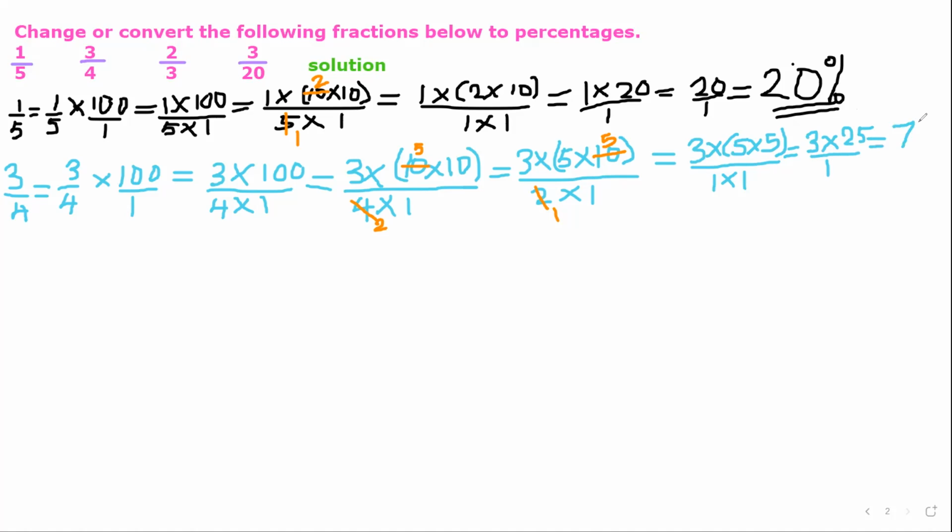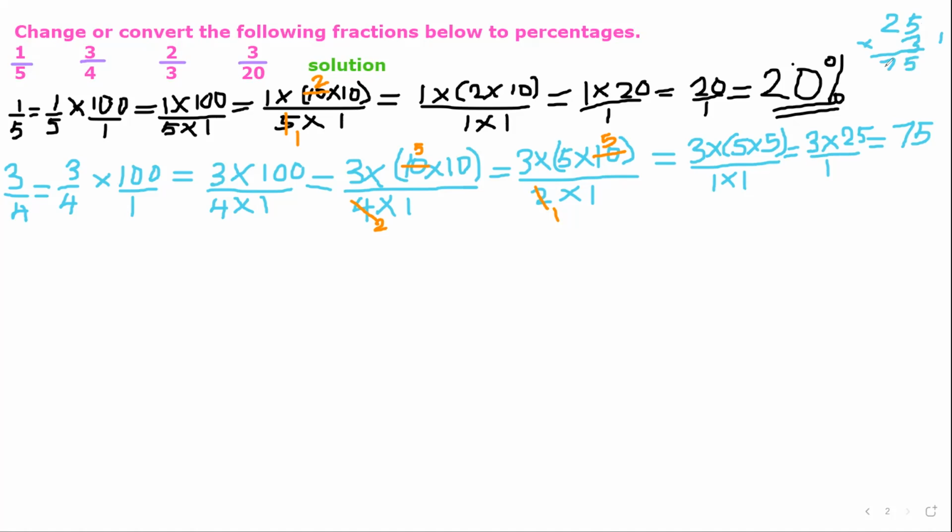Okay, 75. You can also work it here. Let me work it here. 25 times 3. Okay, now 3, 5 will be 15. You write it here. Remainder 1. 3, 2, 6 plus the remainder, which is 7.